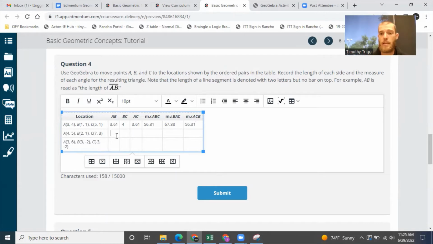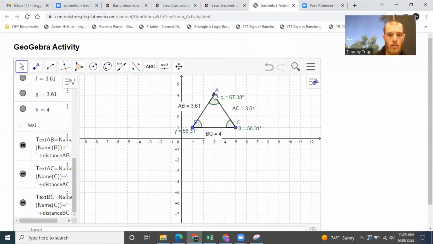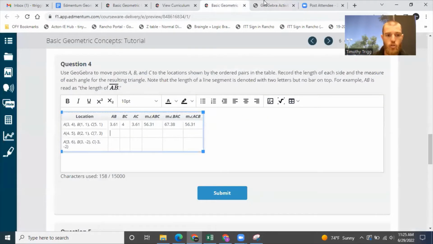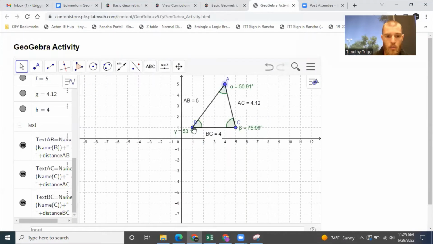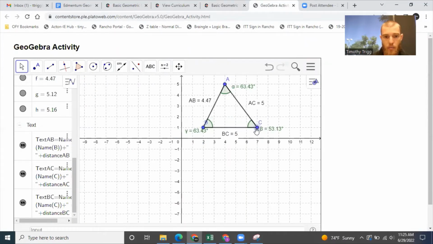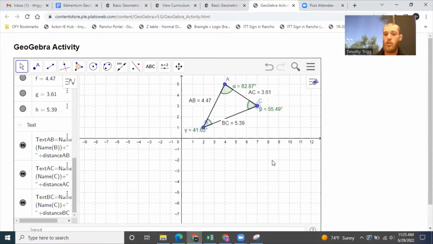Now we're going to move the vertices according to this. So A is going to be at 4, 5. A, we're going to move to 4, 5. B is 2, 1, and then C is going to be at 7, 3. Okay, so then now we have this new triangle.